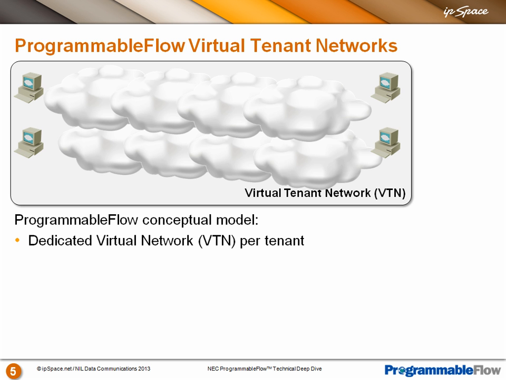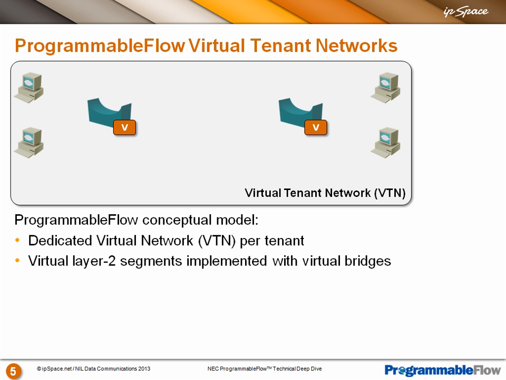So when you configure this virtual tenant network, you don't care about VLANs, at least not in the core. You don't care about trunking. You don't care about allowed VLANs. You don't care about spanning tree. You don't care about the core network at all. The only thing you're really interested in is how will I connect the tenant endpoints together.